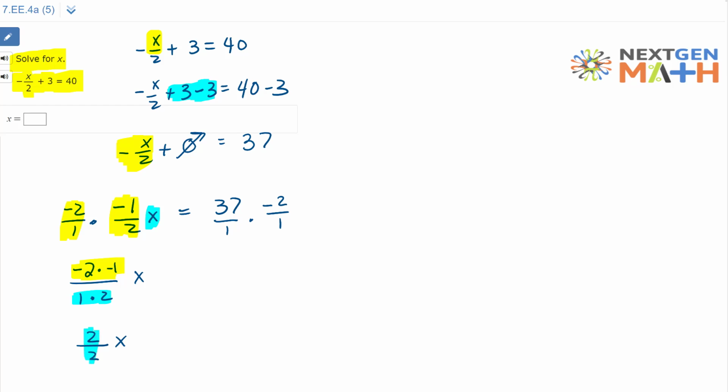Two over 2 is the same thing as 1, or 1x. So we now have isolated x.